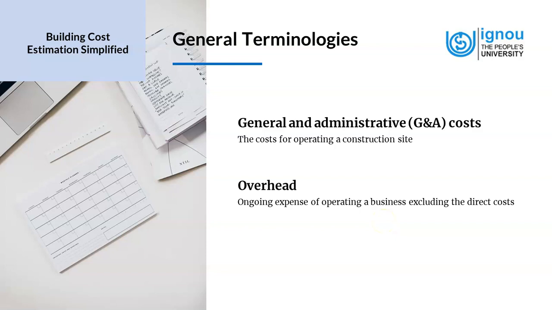So maybe a company has a certain X amount of overhead charges in a financial year. These charges are divided among all the projects, and a portion is attributed to them. That's one of the ways to handle the overhead charges. For example, we have office rent, insurance, tools, legal expenses, etc. These all fall under the overhead charges.